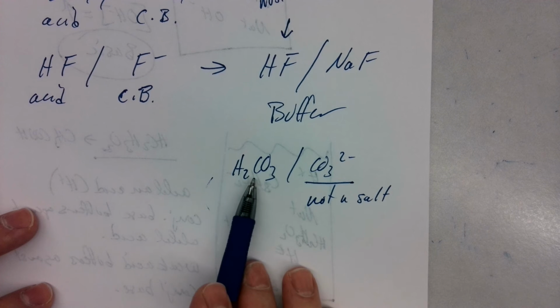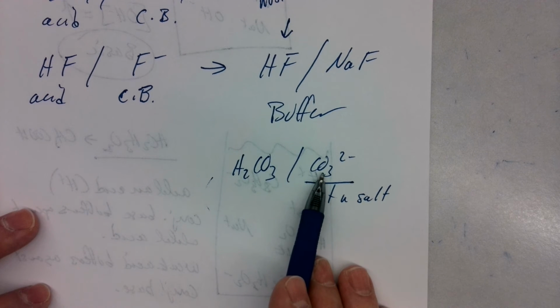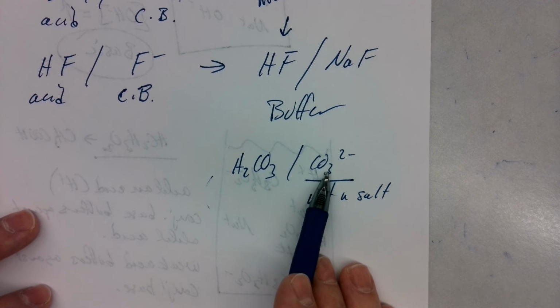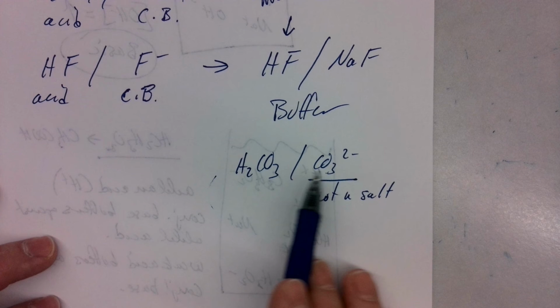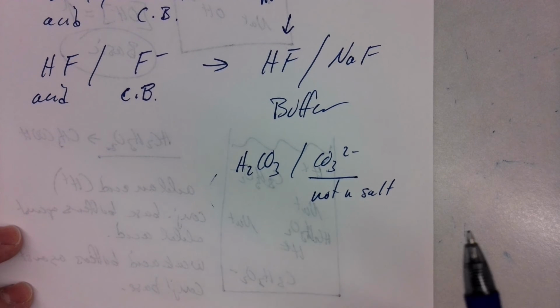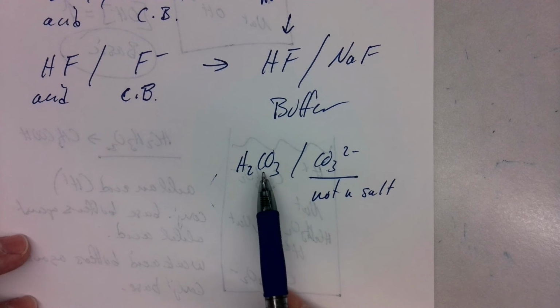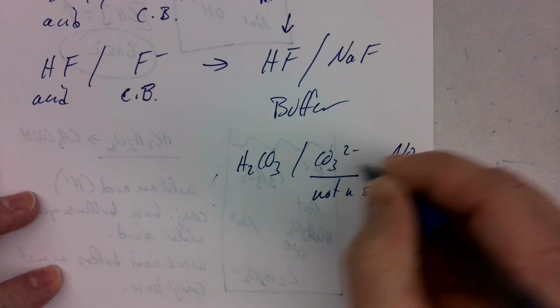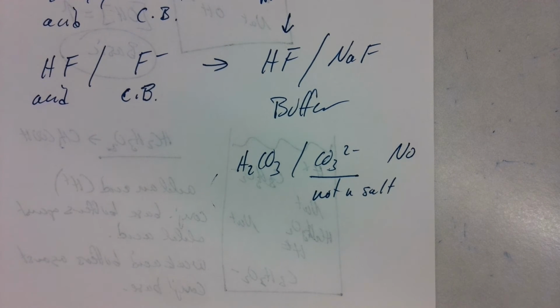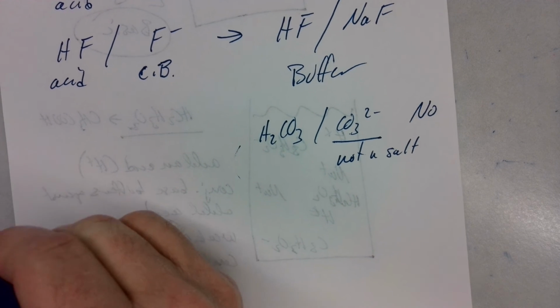Really it couldn't be, because this is di. To be a true conjugate, this would have to have at least 1 H, right? But this is not a salt, so it can't be a buffer solution. Even though that's a weak acid, that is not a salt, so this is a hard no. Good job, Brian.